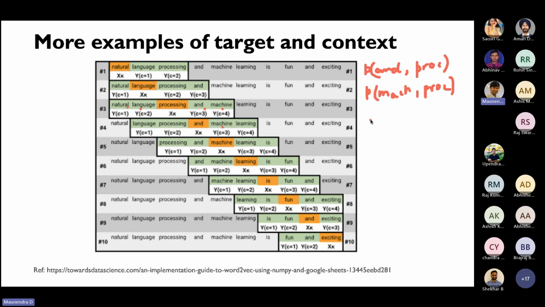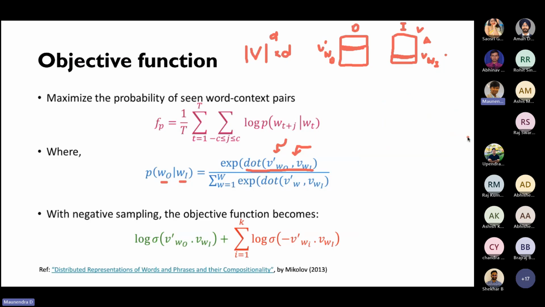Now natural and language, we need to look at that. So the probability of natural, and then the probability of language. Now these four probabilities, if we are able to find them, then we are done with this inner summation part.